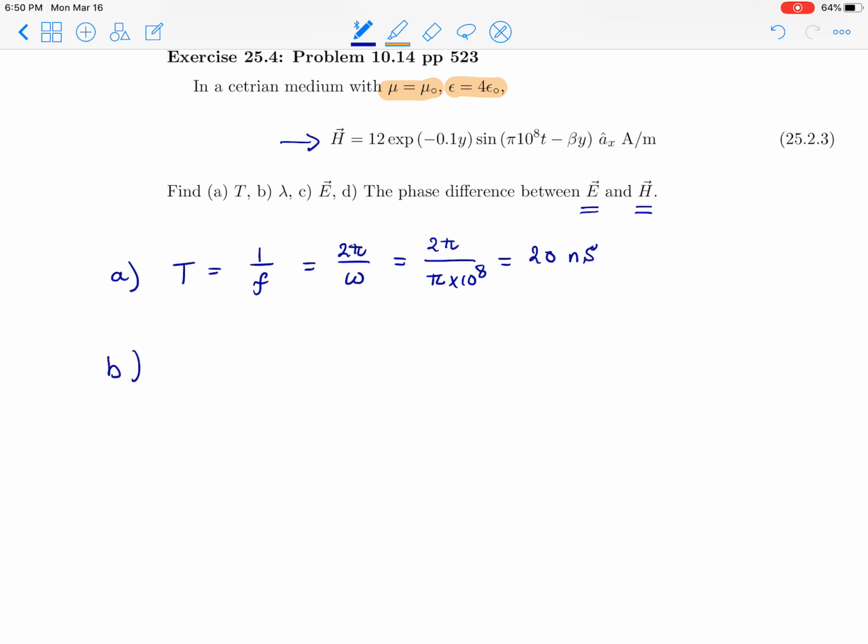So the second one is asking us to find lambda, and there are 2 ways to do that. So the first one is, we know alpha, so we can find beta from alpha.